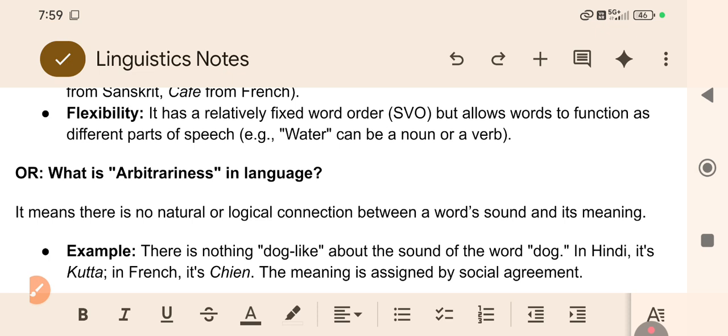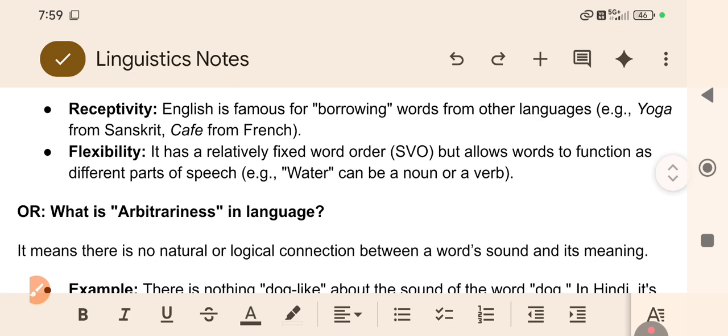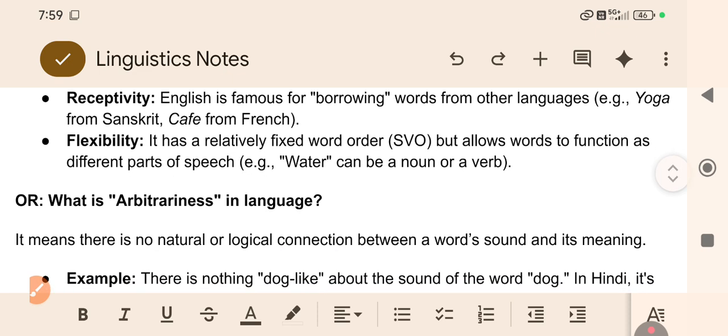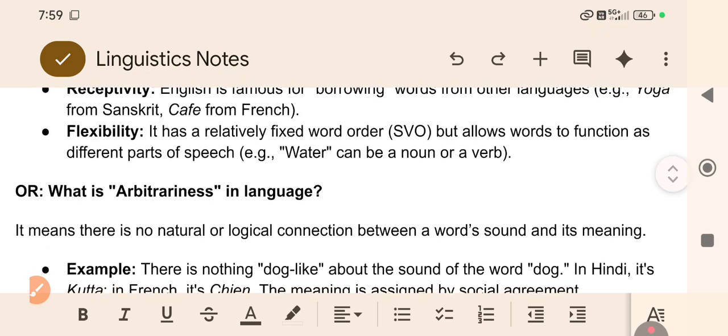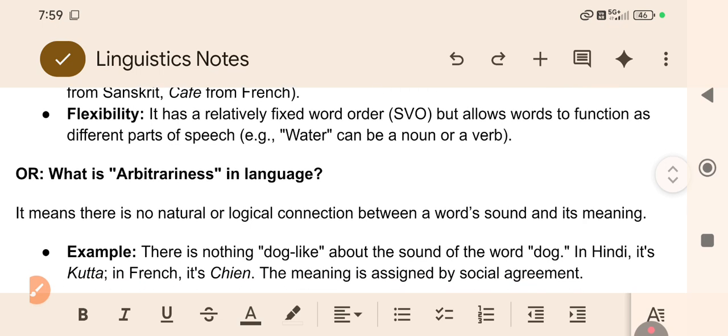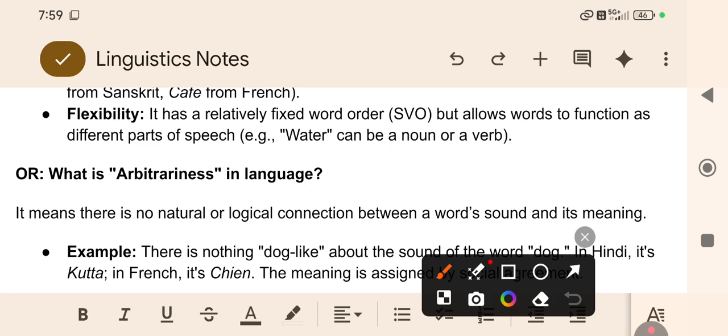Right? So that is what we have discussed. For example, water can be a noun or a verb. "Water, water everywhere, nor a drop to drink."